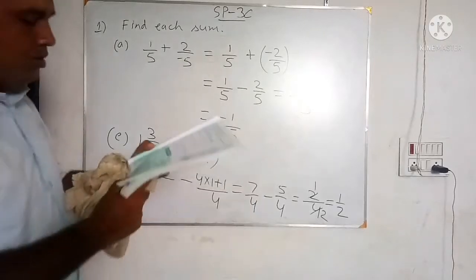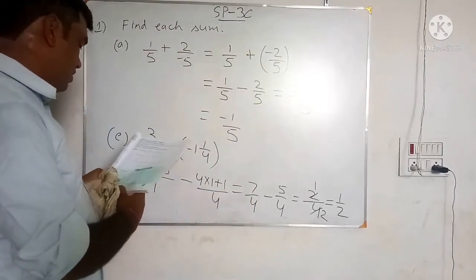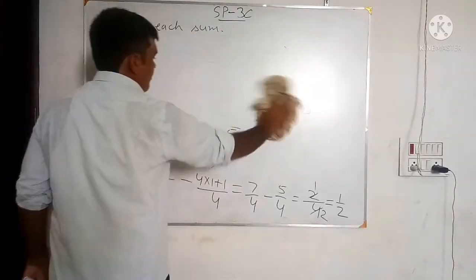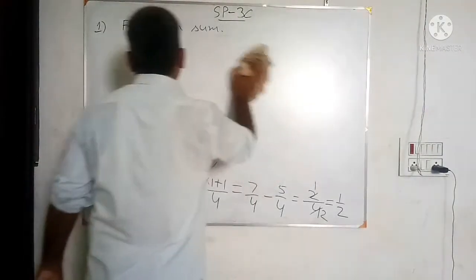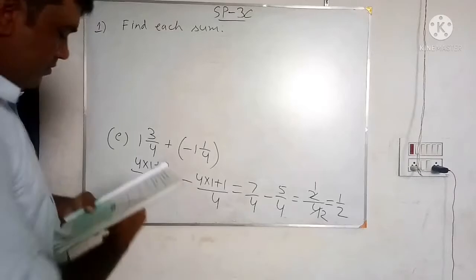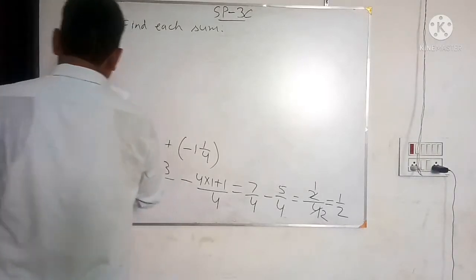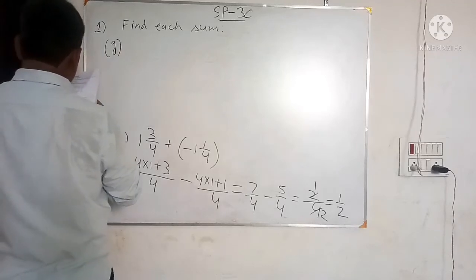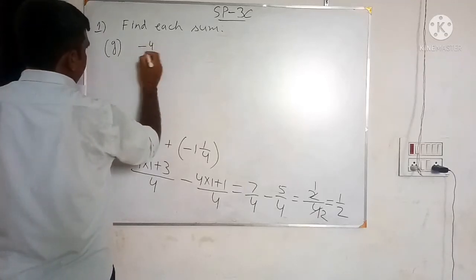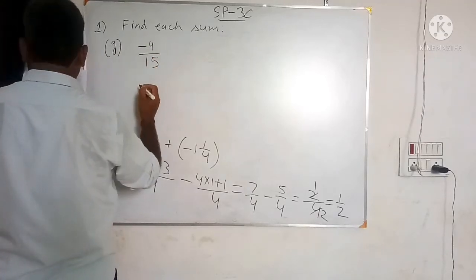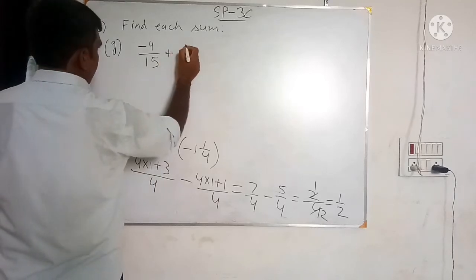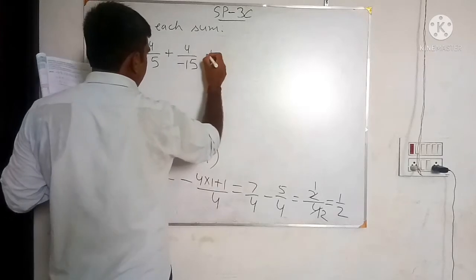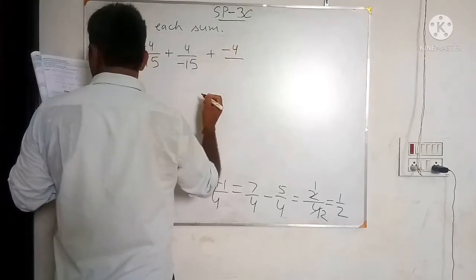Question number 1G. Minus 4 by 15 plus 4 upon minus 15 plus minus 4 upon 15.